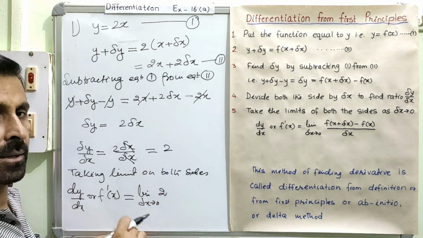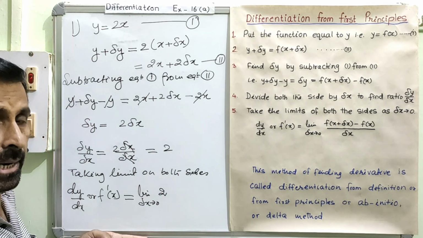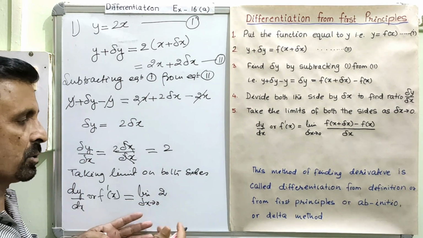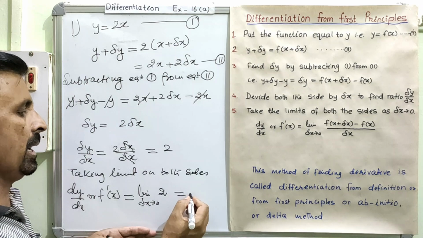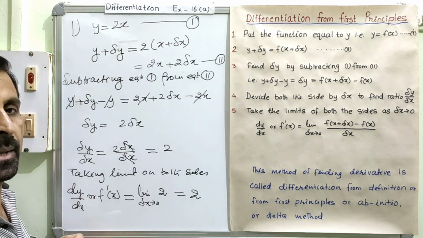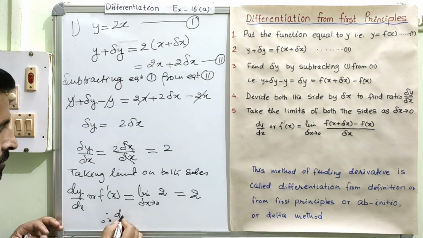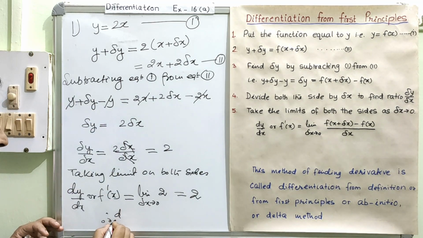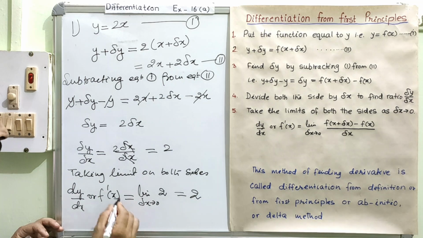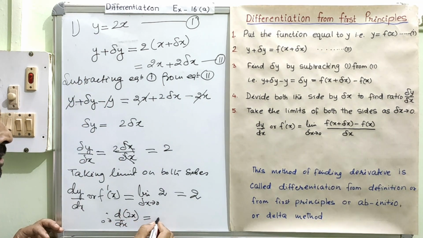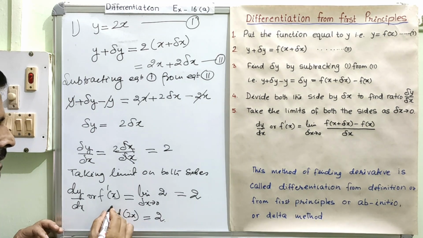Fortunately, in this function, we don't have any delta x, therefore this value cannot be used, and so your answer is only 2. Is this okay? So therefore, your final answer is derivative of, your function was 2x. So derivative of 2x is equal to 2. This is your answer.